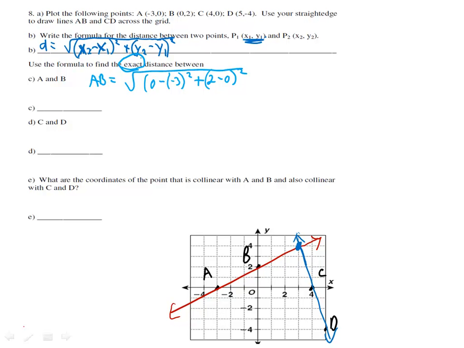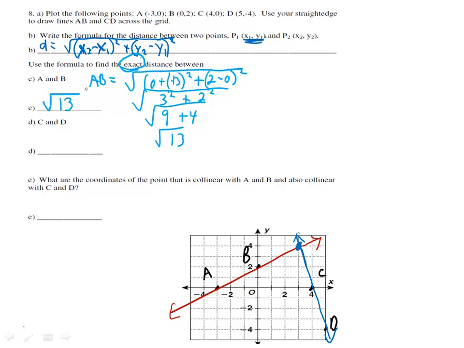That in turn equals, remember that minus -3 means plus 3, so that's 3 squared, and 2 minus 0 is 2, so that's 2 squared. Next step: 3 squared is 9, 2 squared is 4, so we have the square root of 13.